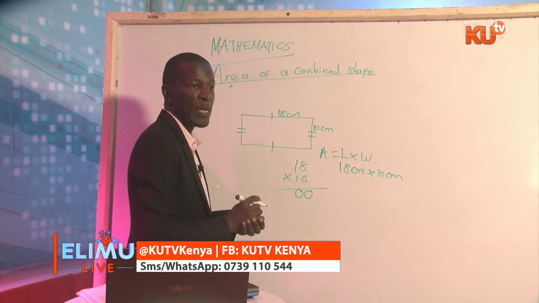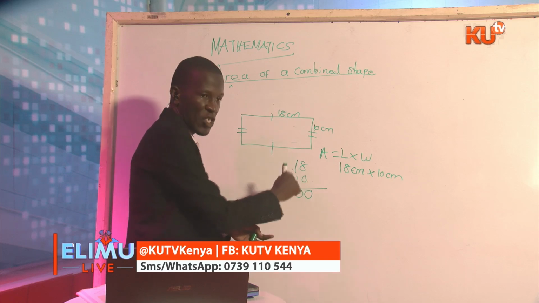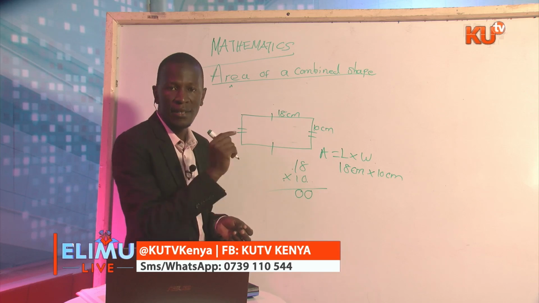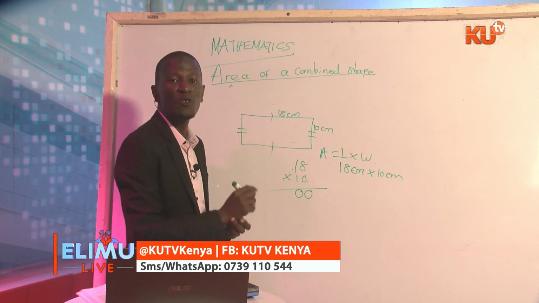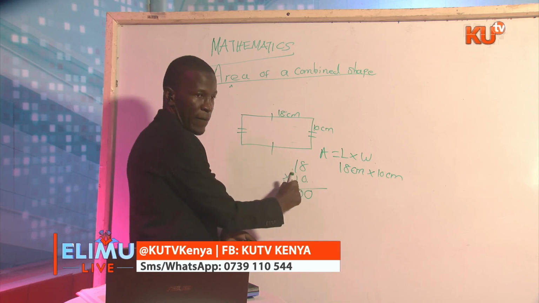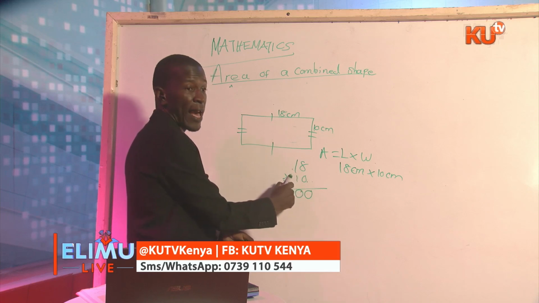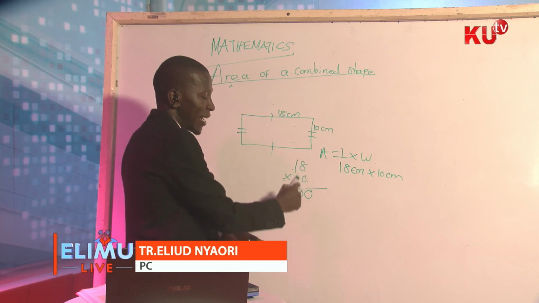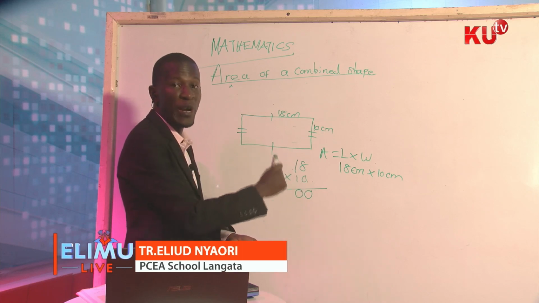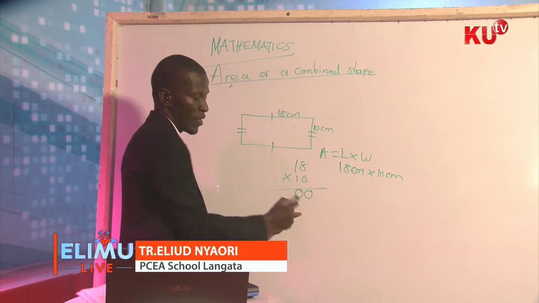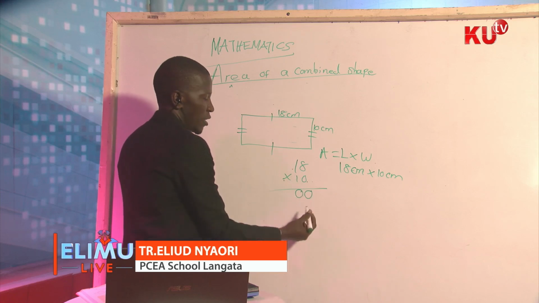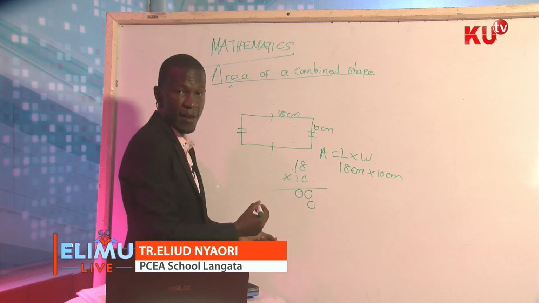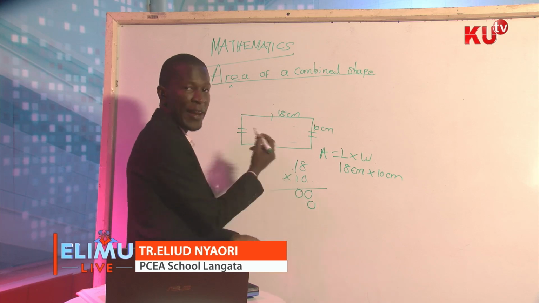Having done that, we are done with the first digit in the number 10. So we move to number 1. But before we go there, ensure you write 0 under the number in the place value of 1. That is under this number. Put a 0 there. Then move to digit 1.